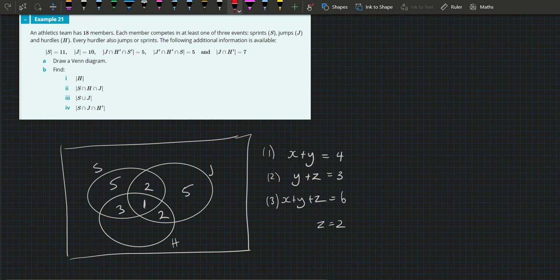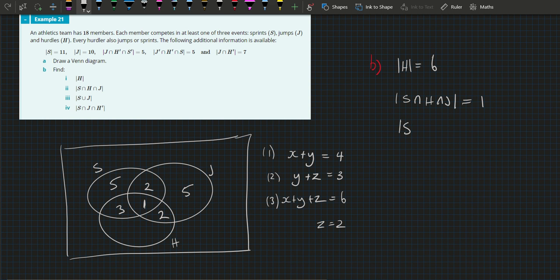So let's do part B. So the size of H has to equal 3 plus 1 plus 2 is 6. And the size of S, the size of everybody who does everything, is 1. There's only one person. And the size of S union J should be 18, I think. Because there's no one, yeah, so everything's in S and J. Yep.